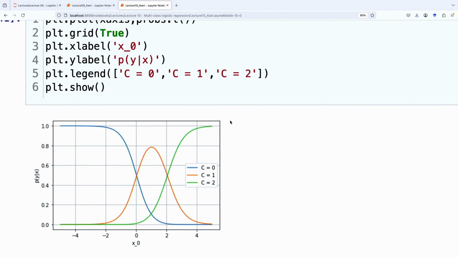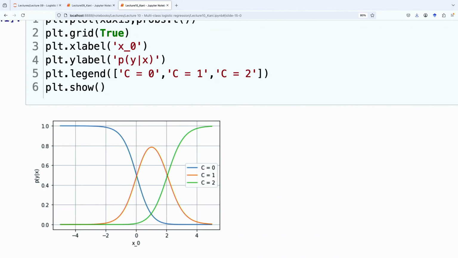That corresponds to the data set that we synthetically generated. And also, if x is somewhere in between, then most likely it's part of class 1. But there's also a non-zero probability that it's part of class 2 and a non-zero probability that it's part of class 0. Which makes sense with our intuition, and with what we generated synthetically.